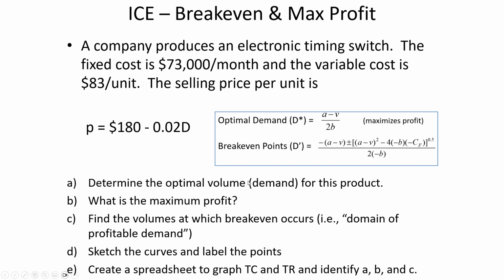Optimal demand is how many units you're going to be selling. For maximum profit, you'd multiply the number of units by the purchase price and subtract out the costs.